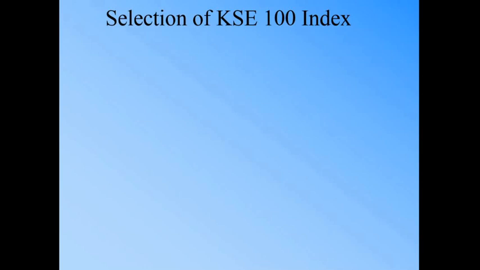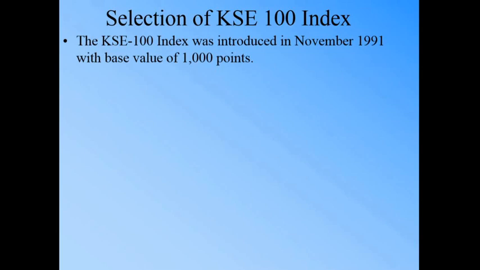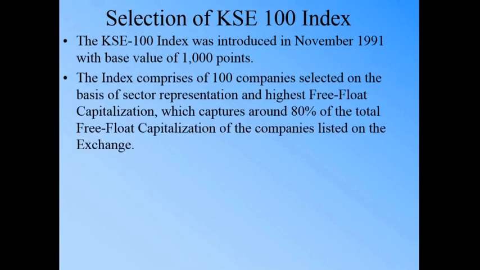The KC 100 index was introduced in November 1991 with a base value of 1000 points. As I told you, if you go through my entire video, you will see that the initial value assigned to the KC 100 index was 1000 points, in November 1991.